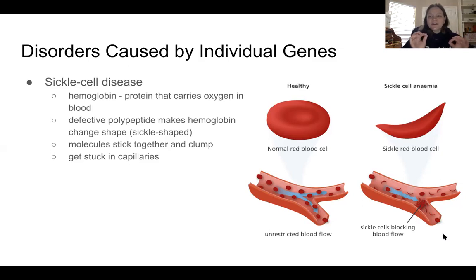Remember, your capillaries are the really small blood vessels that you have. They're the smallest ones. That's where you actually get the exchange of oxygen and carbon dioxide with your cells. So by changing a single amino acid in this gene, you end up with blood cells that don't work properly.